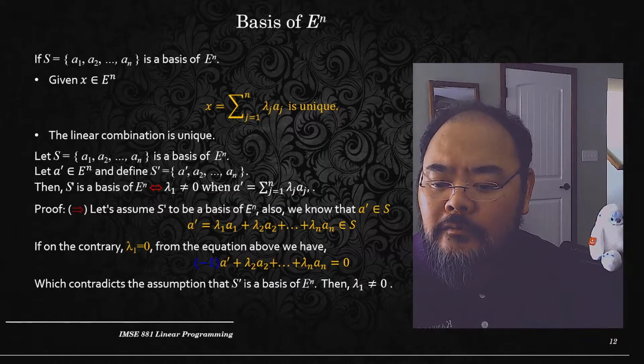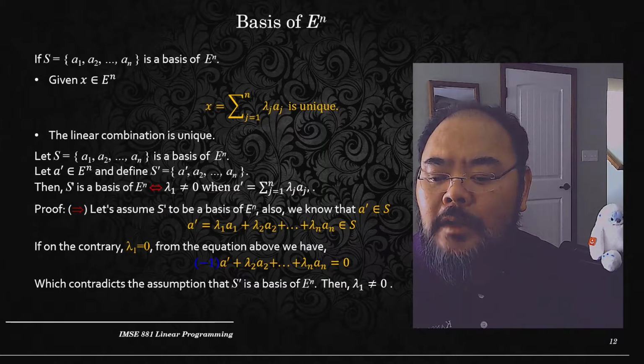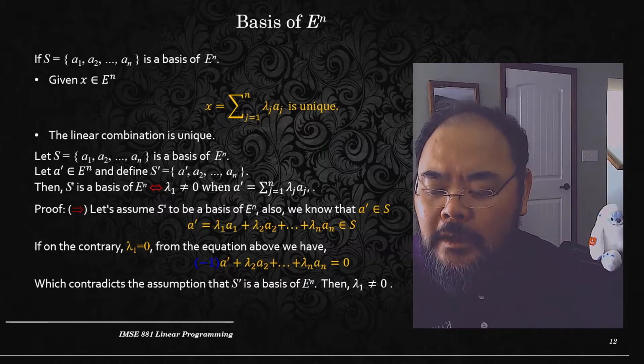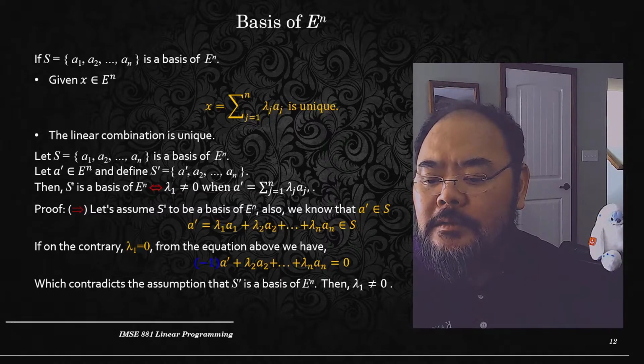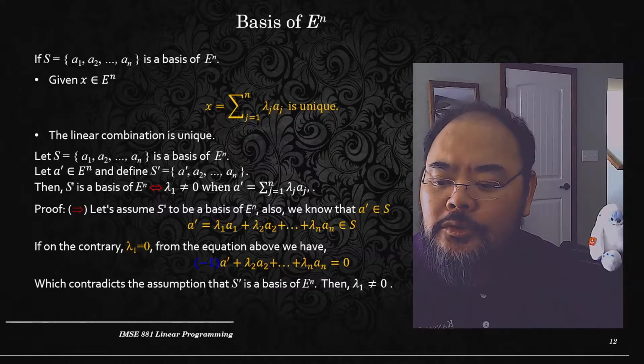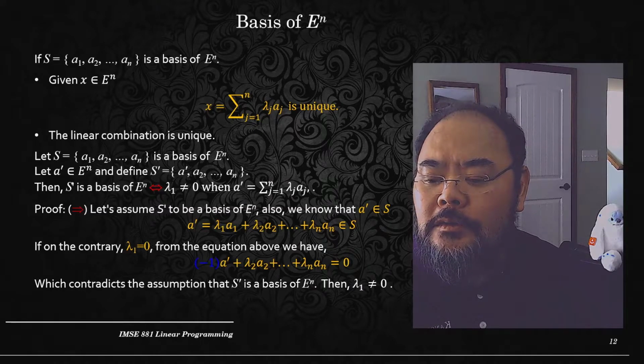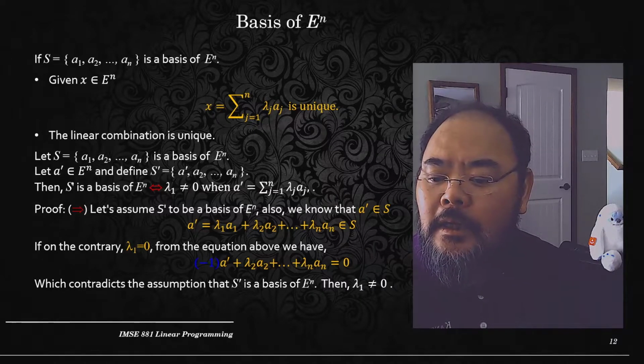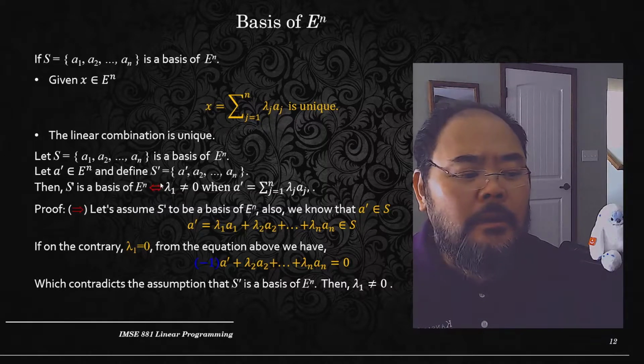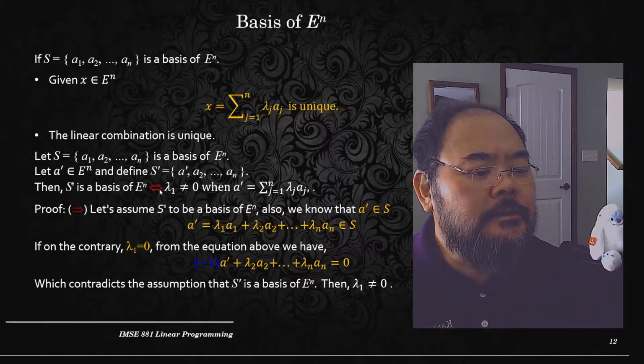Or if in the representation of A prime lambda 1 is not 0, then S prime is a basis of En. So we want to prove it from both directions. This is what we usually refer to as if and only if.